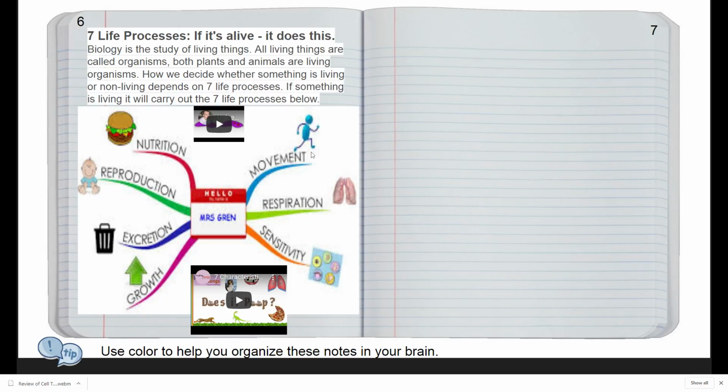And you may not think it, but plants move as well. Sunflowers will face the east when the sun comes up, and then slowly, as the sun moves across, they move their flower and their leaves to maximize catching as much of those sun rays as they can. And of course, animals are able to move more freely.